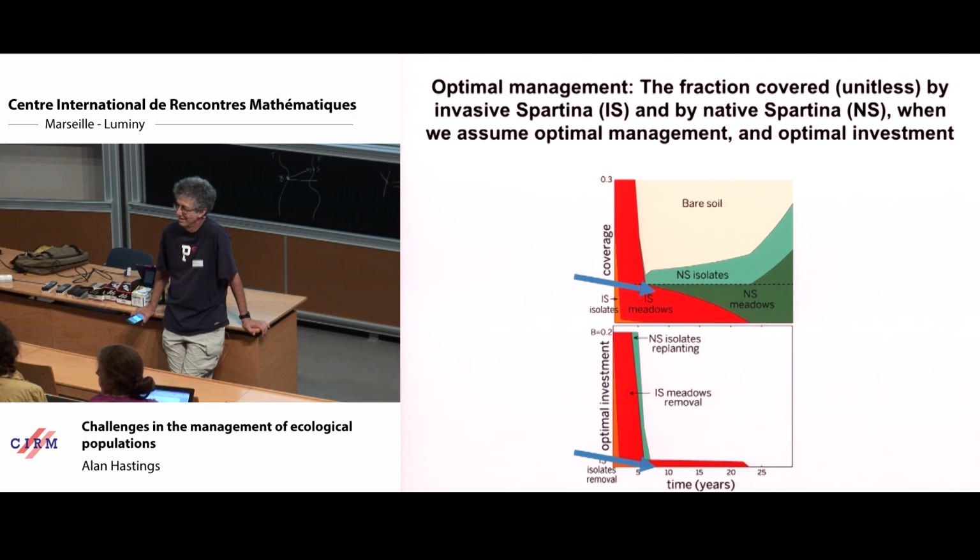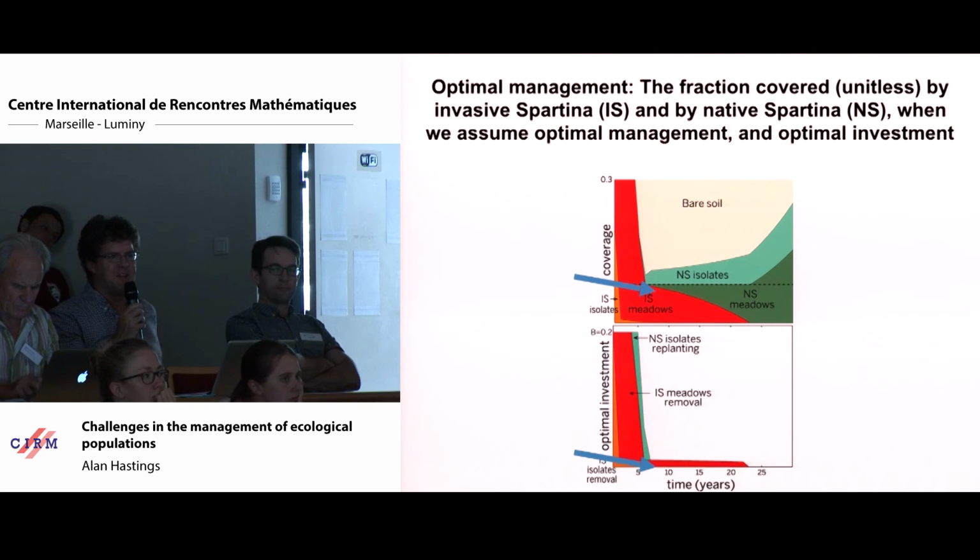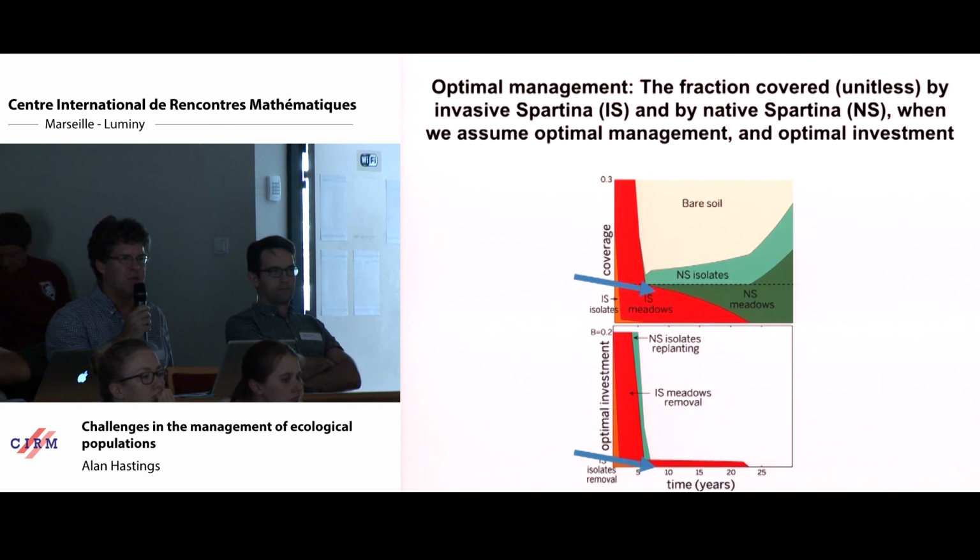There were lots and lots of ideas that were very interesting, and one that I had some intuitive reaction to, that didn't quite feel right, was the one with the Spartina, where you spend a lot right off the bat, and then you eke out the remaining amount over a long period of time.